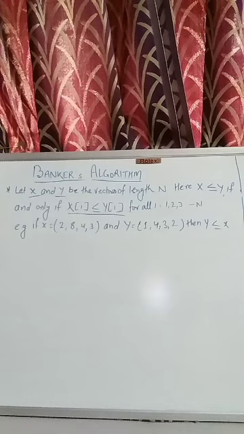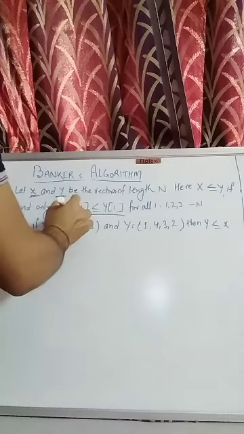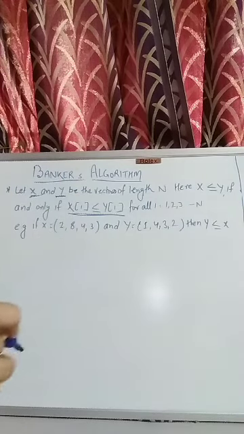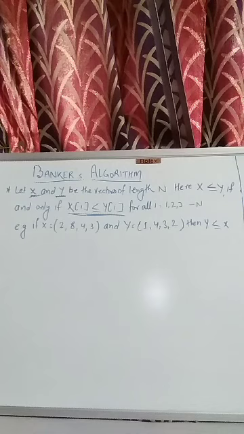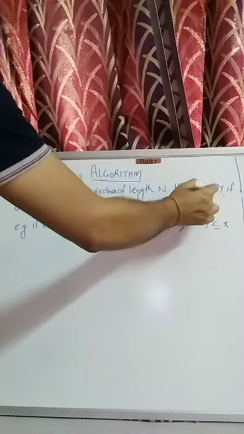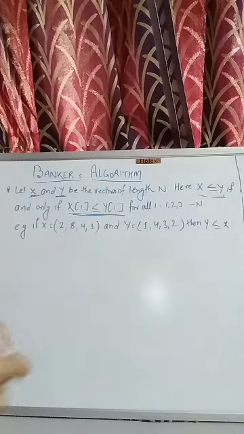It means if x is a vector and y is also a vector of length n, then this is the vector comparison by which we establish a notation that if all elements of x are less than the respective elements of y, then we can say that x is less than y.